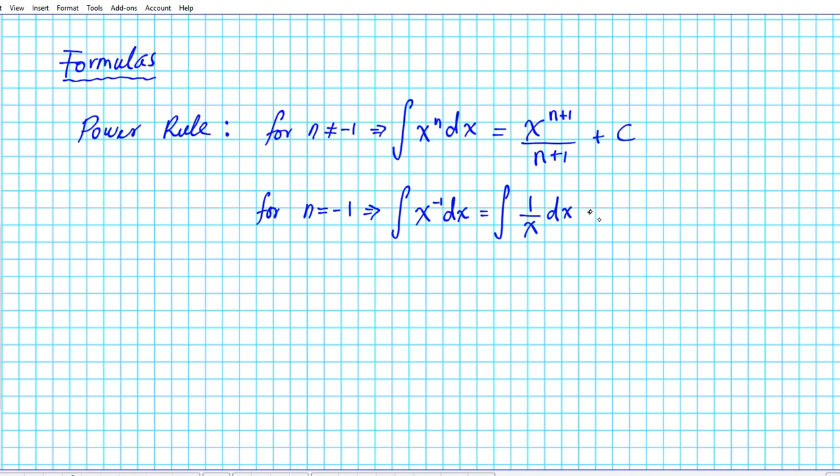In this particular case, the integral is going to be the natural logarithm of the absolute value of x plus c. So you want to pay close attention to the power when you're integrating it to make sure that you do not violate this rule here.